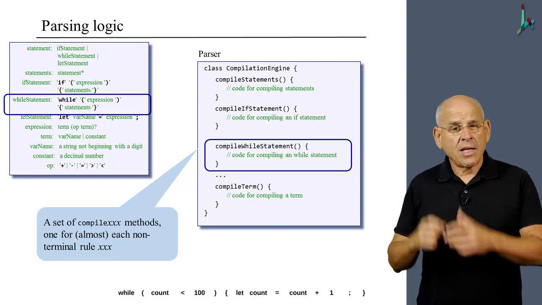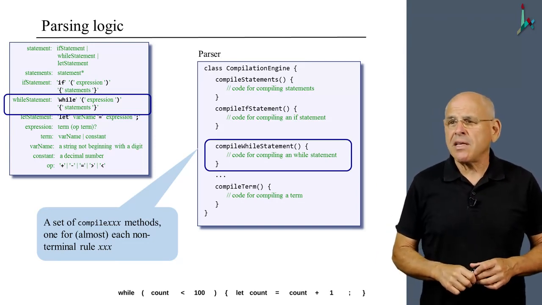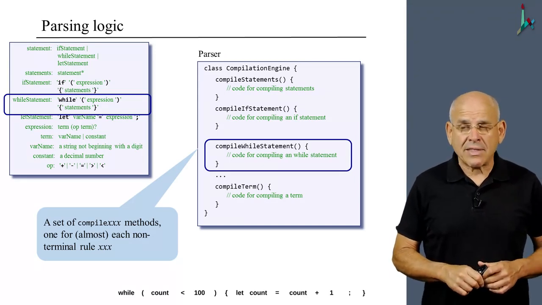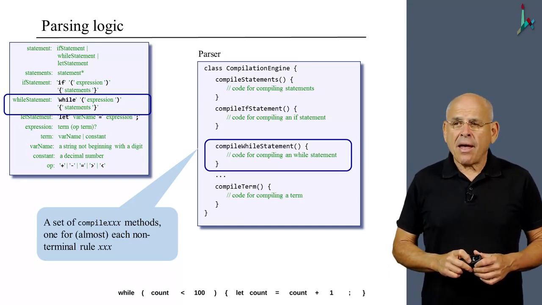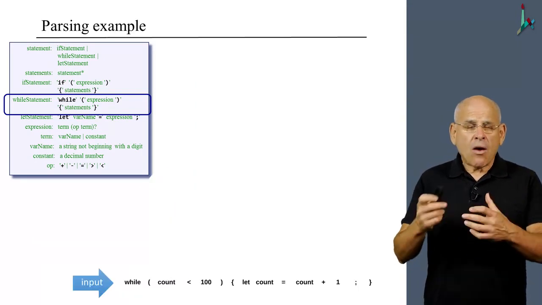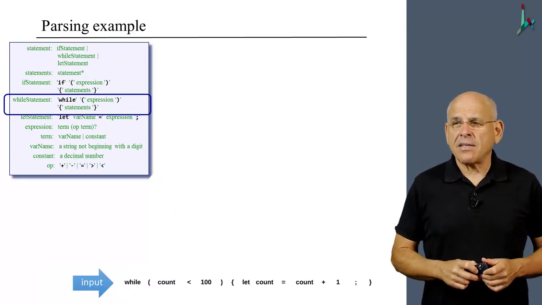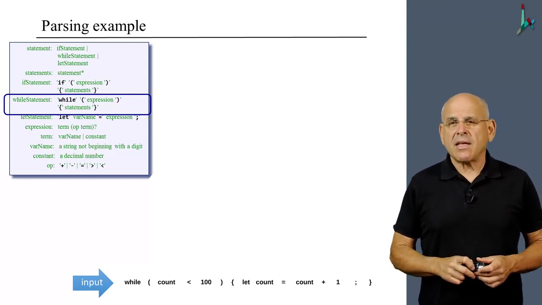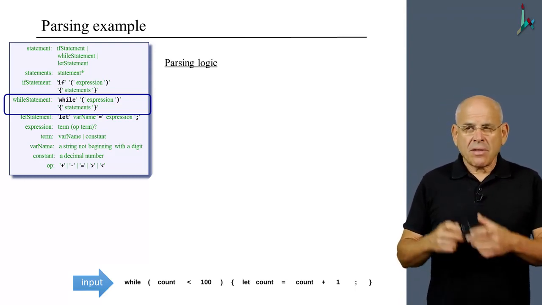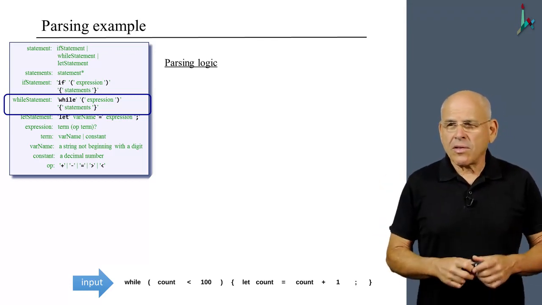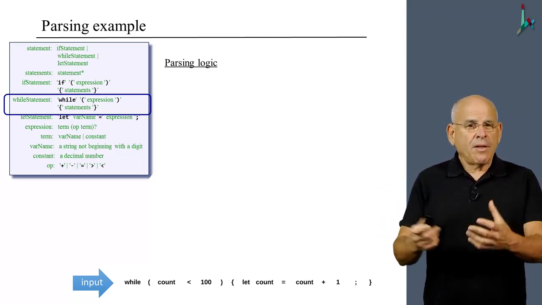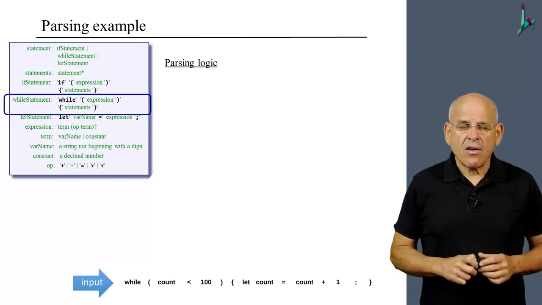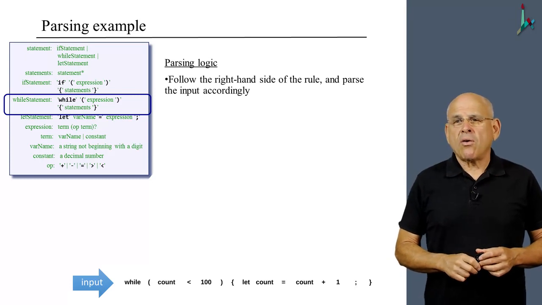So to illustrate, let's focus on one of these methods, compile while statement, which corresponds to the while statement rule, and let us see how this subroutine actually works in practice. Now, in general, the method, or I called it subroutine, is going to be written according to a certain logic, and the logic is taken directly from the rule. So here's how we do it.